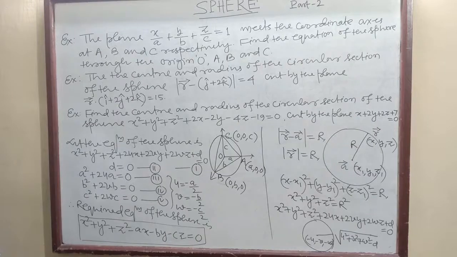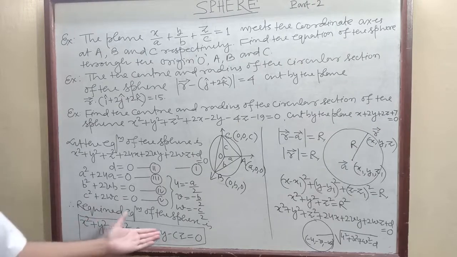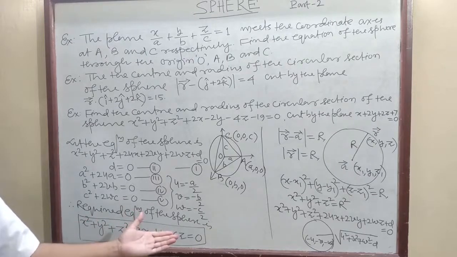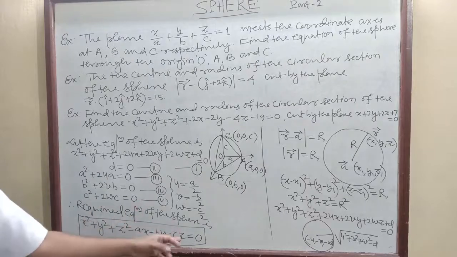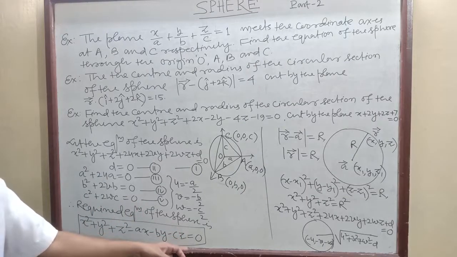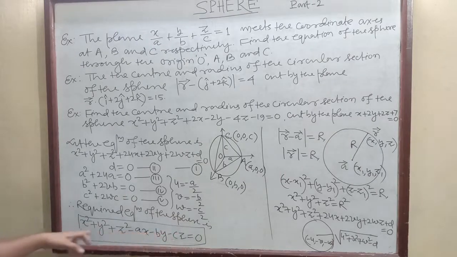Or if the equation of a sphere is written in this form, you should understand it passes through the origin, since d is not there, and its intercepts on the coordinate axes are a, b and c respectively. So in this way you can do it.